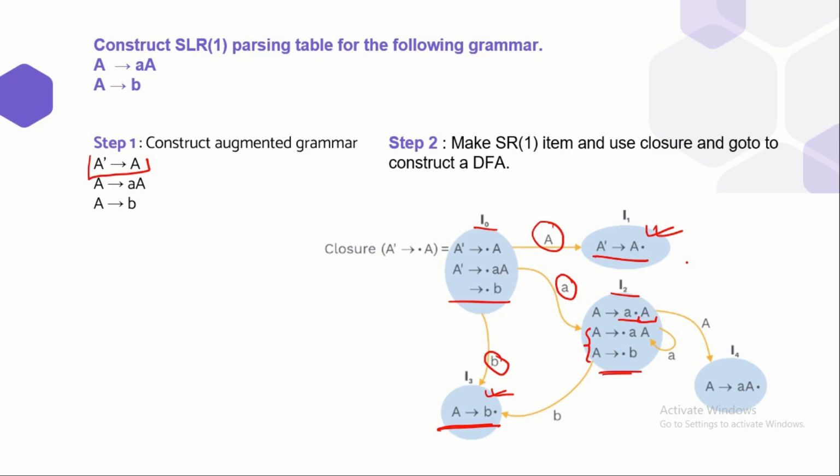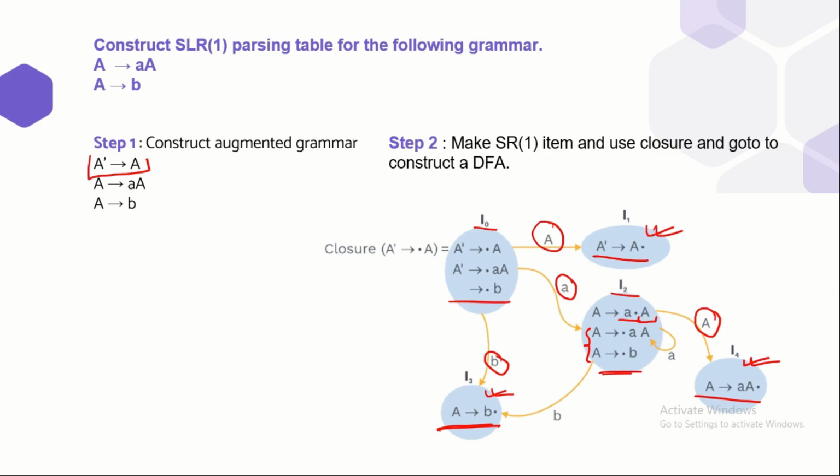So we have to shift this particular state on reading A. On reading A, it would shift to this particular state where small a and capital A are successfully read. Since they are successfully read, we can say that this I4 is a reduced state.